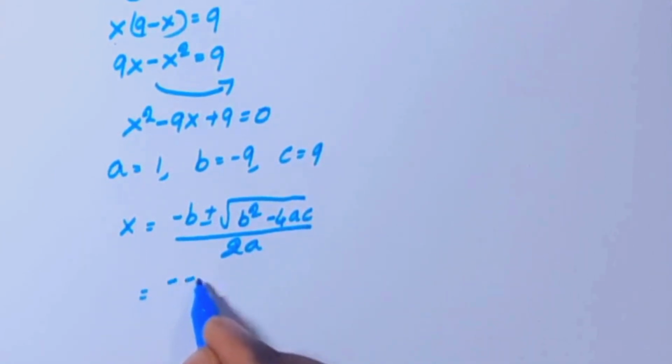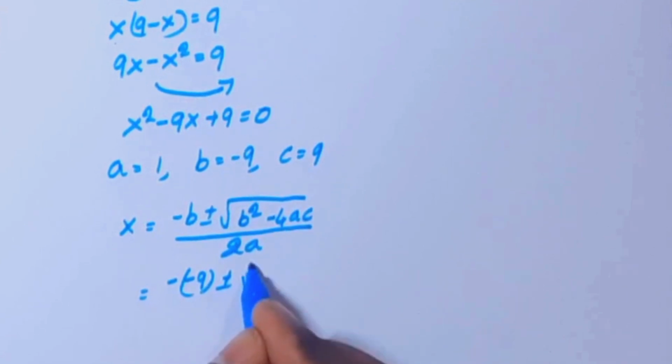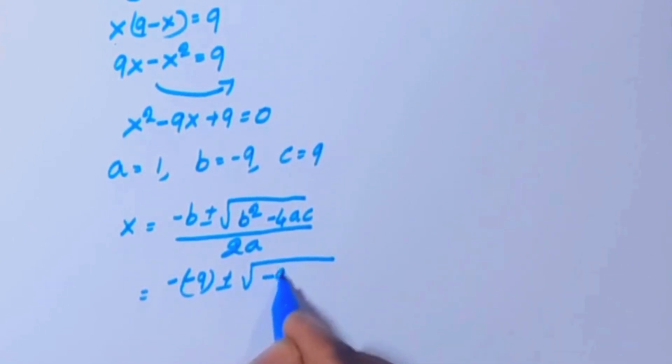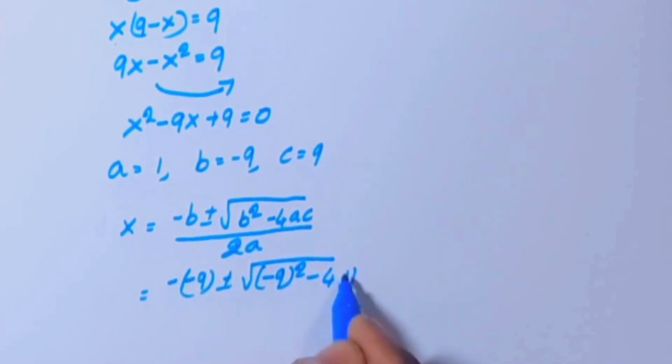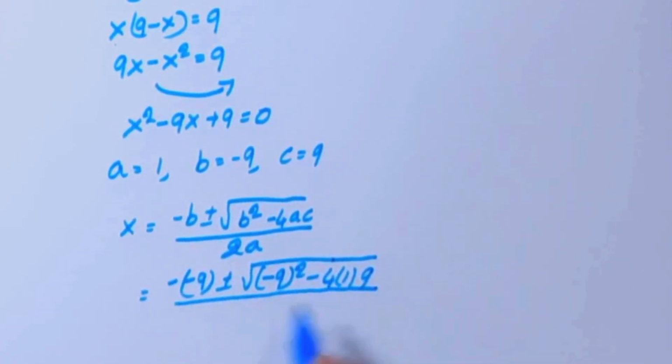So x equal to minus of minus 9 plus or minus square root of minus 9 square minus 4 times 1 times 9, by 2 times 1.